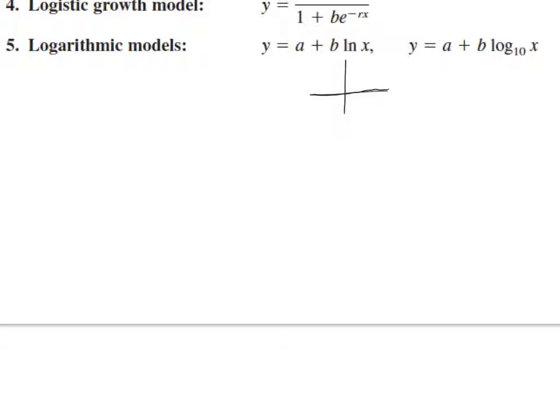An asymptote, okay, we have an asymptote at x equals 0. And then it comes up and it starts to kind of level off. It does continue to increase forever, but it increases much slower as time goes on. Remember, at least the parent function will cross at the point (1, 0). So those are our logarithmic models.